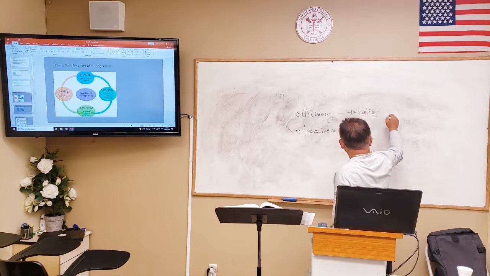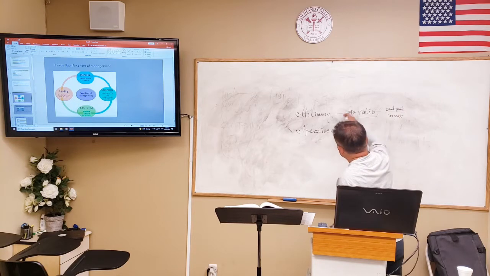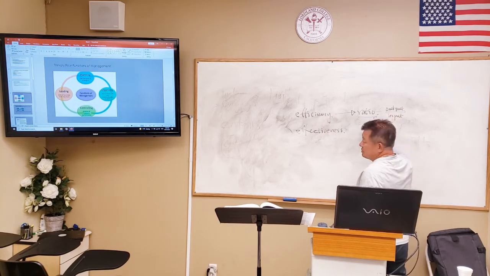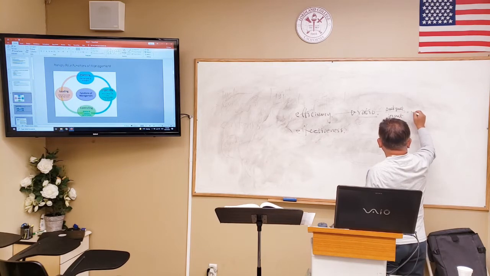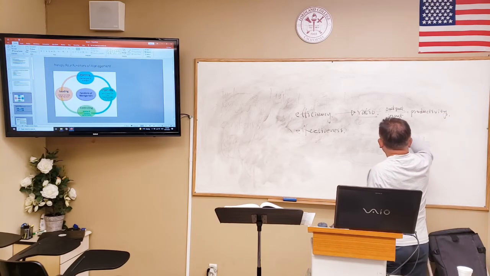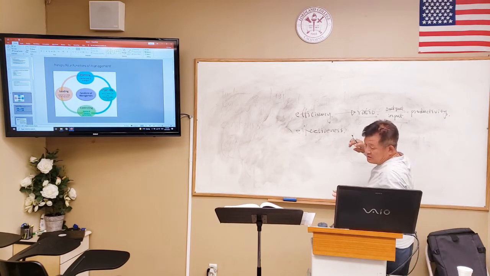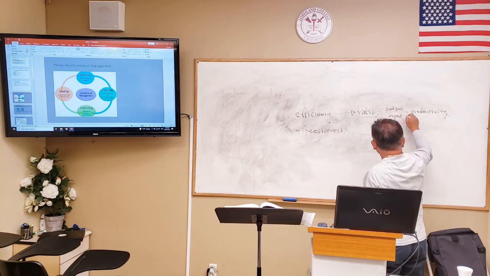For example, input over output. This is the efficiency ratio. So you say this is for productivity. This is a little bit detailed. This ratio is productivity.